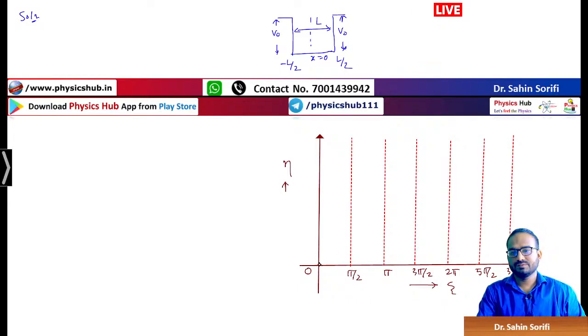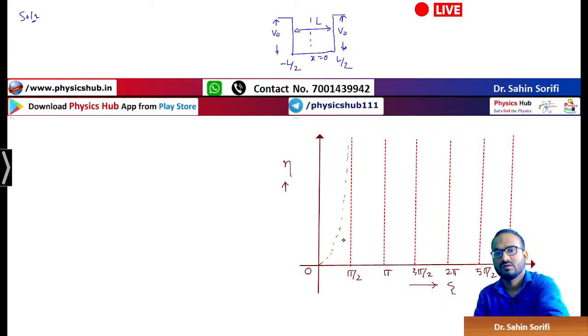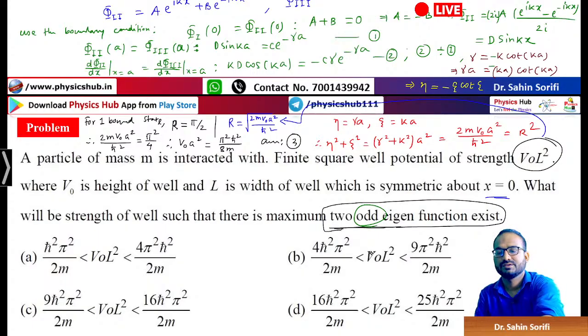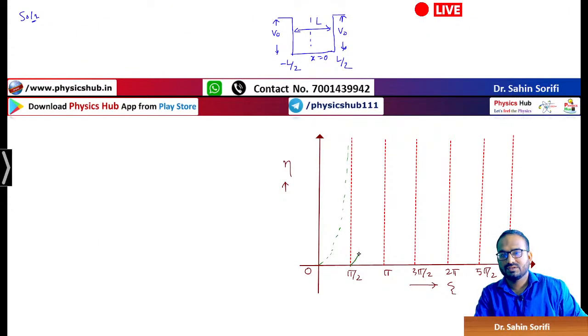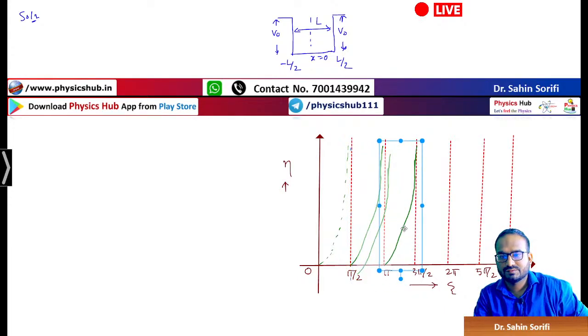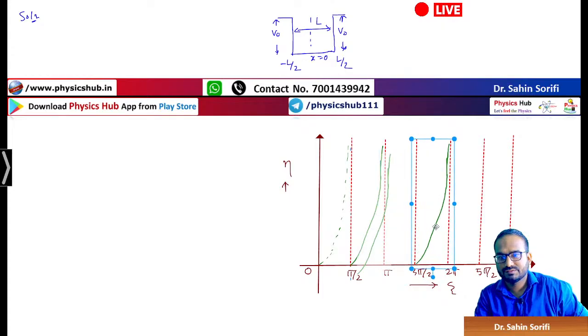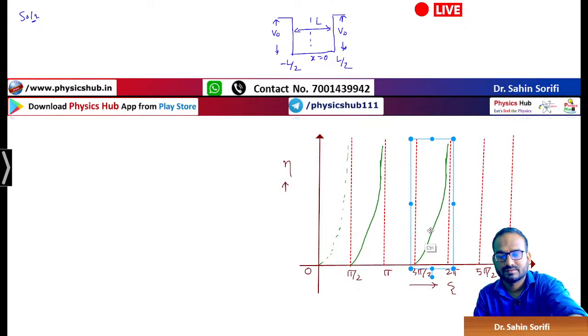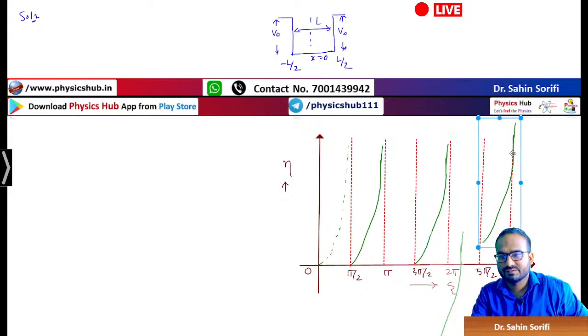Here n equals 0 will come, but we are interested in the odd wave function. So n equals 0 is even, n equals 1 is odd. n equals 2 is even, so n equals 3 we will take, then n equals 5.